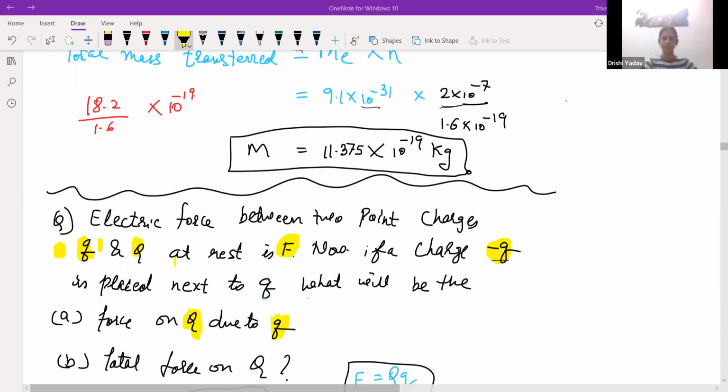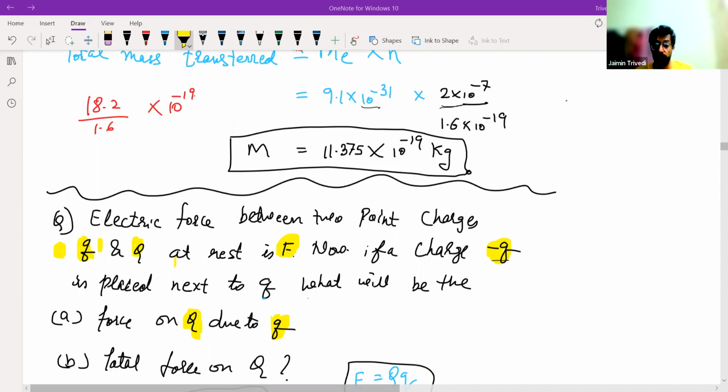It should not change. Why so? Because of the principle of superposition. Sum of forces. Okay, let's see. And what about B?